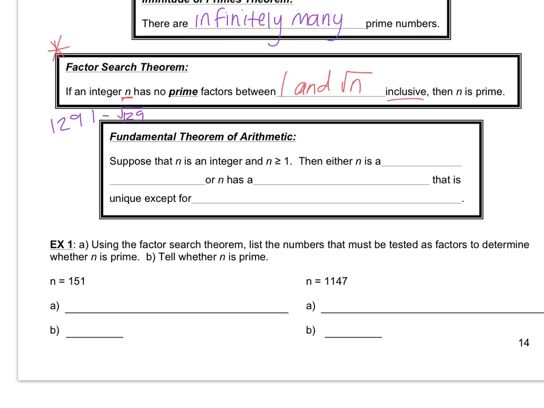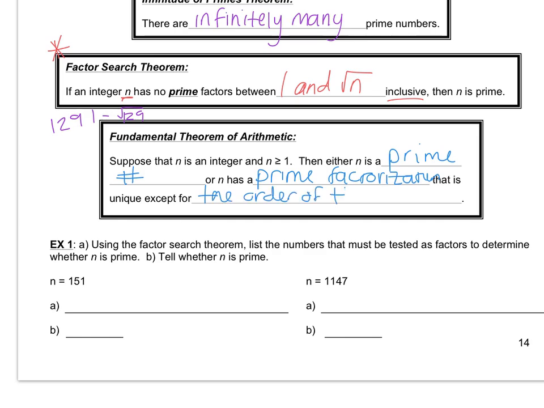All right, the fundamental theorem of arithmetic is pretty simple. It's just making the statement that any number greater than 1 is either a prime number, or, if it's not prime, then it has a prime factorization, so you can factor it. That factorization is unique except for the order of the factors, and I'll show you what I mean.